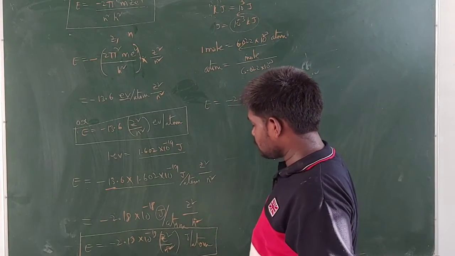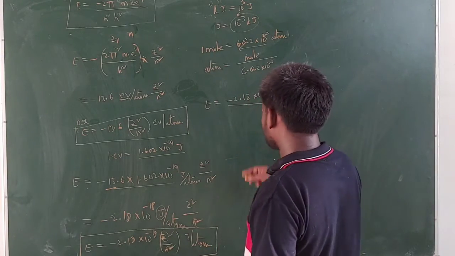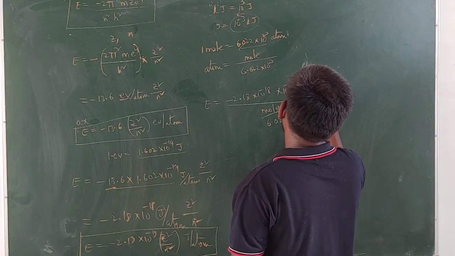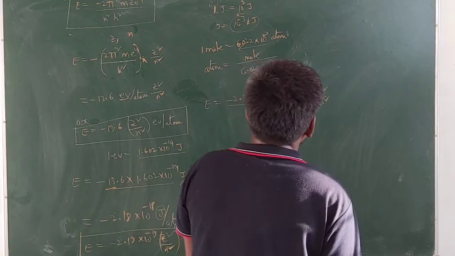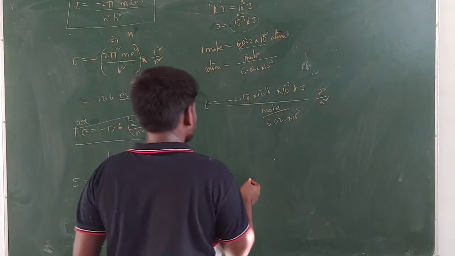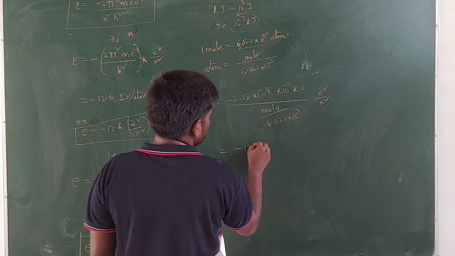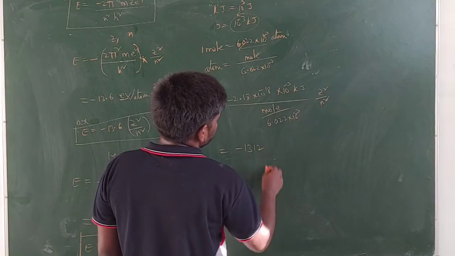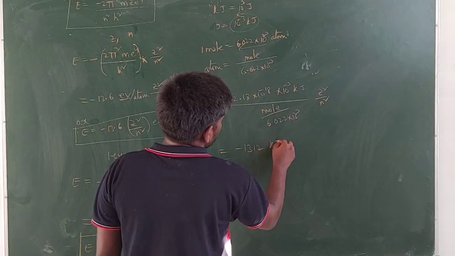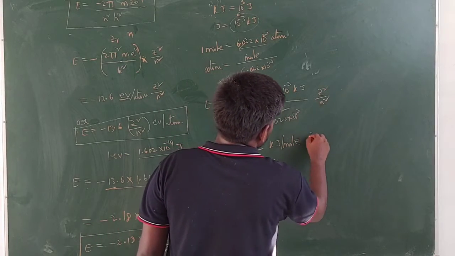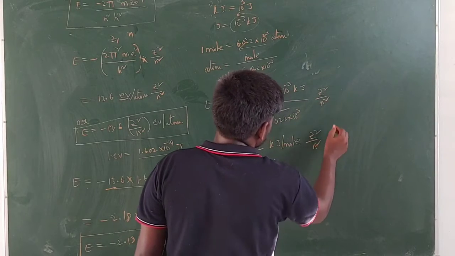So here we have substituted joule and atom values. Now the rest of the things you write into Z square by N square. So now if you simplify all the numericals present in this equation, you can get a value minus 1312 kilojoule per mole. Here you have Z square by N square.